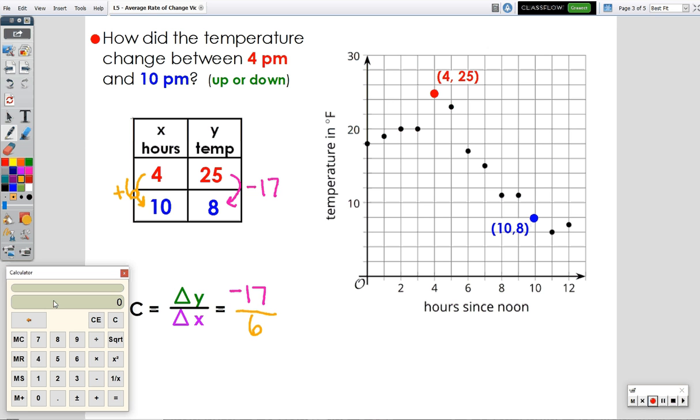We want to know how much it changed in 1 hour. So I'm going to do negative 17 divided by 6, and that's going to give me this big long decimal. I'm going to round that decimal to just 1 decimal place. So instead of negative 2.8333, it'll just be negative 2.8. And what that means is my temperature dropped, because of this negative sign, 2.8 degrees every hour.